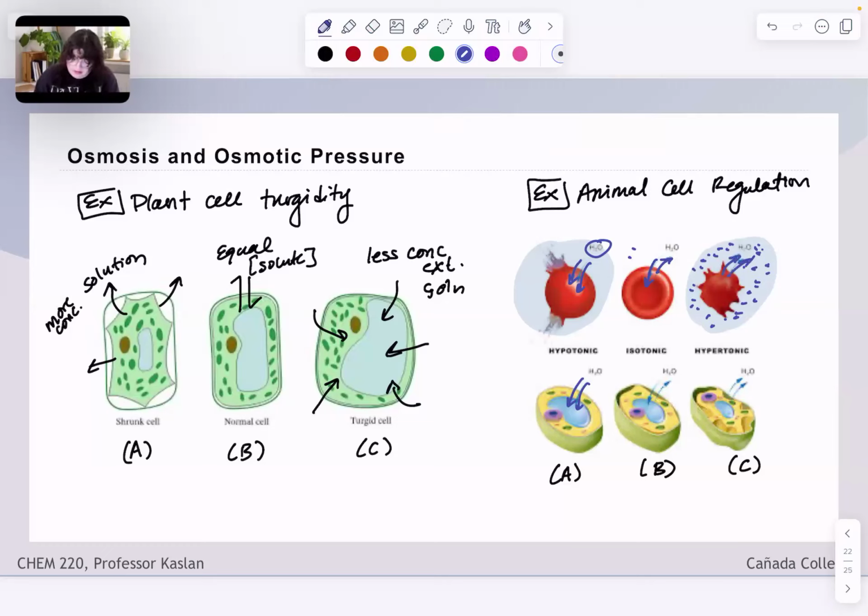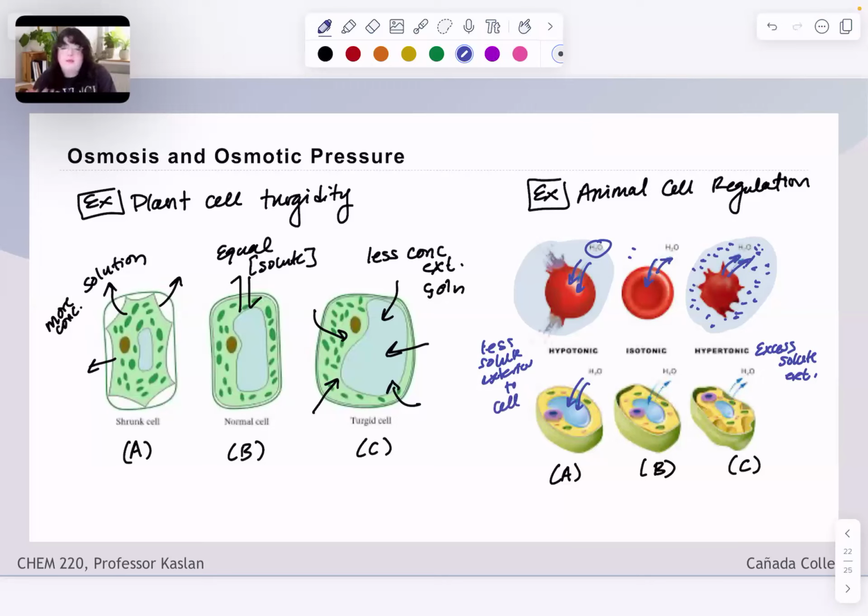Hypertonic, hyper above, excess solute exterior to the cell. Hypotonic, less solute exterior to the cell.